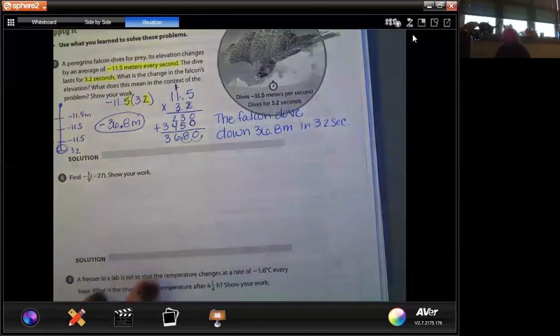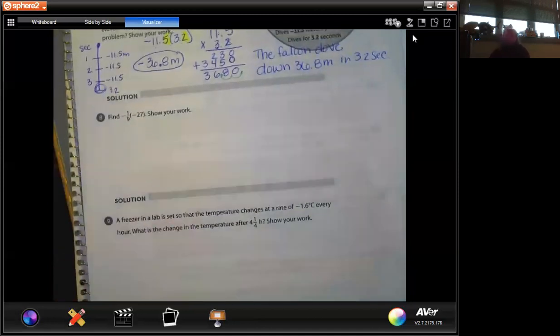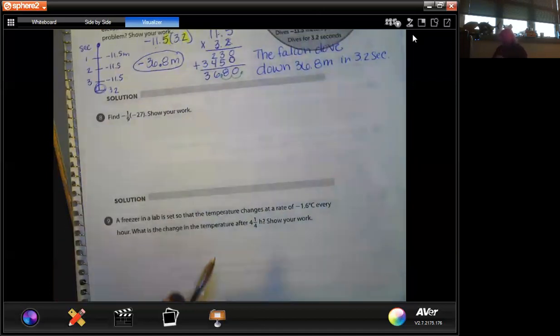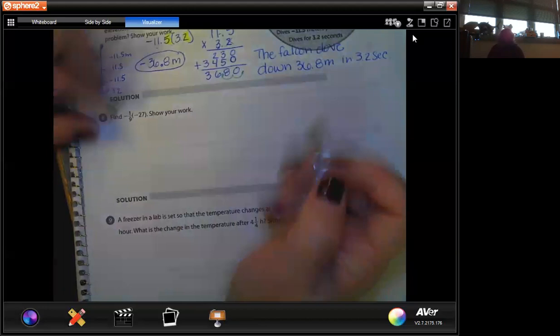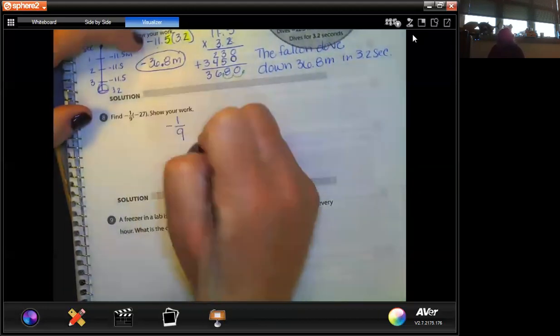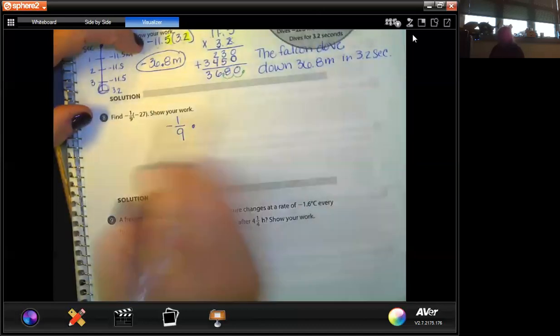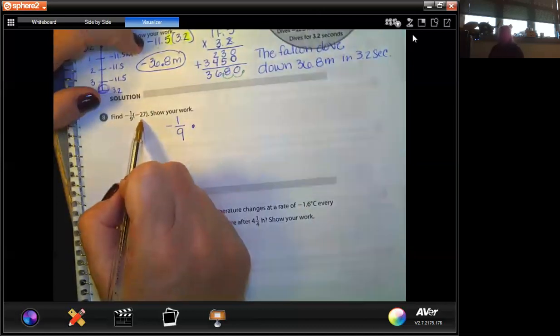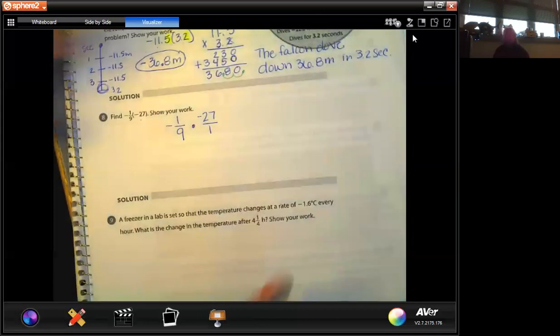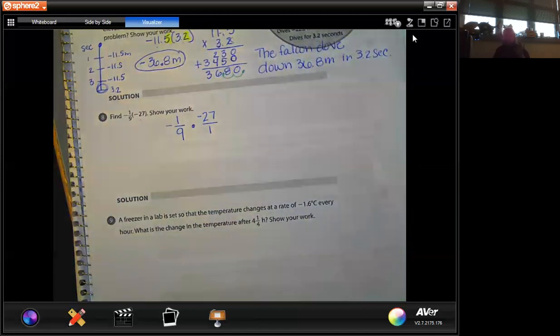All right, next, number 8. This is a blast from the past, right? Some fraction action happening. Remember, when multiplying fractions, you have to make them both actual fractions. So negative 27 is an integer, so we're going to make it an improper fraction. It looks like that. Again, ignore the signs for just a second. Go back and multiply fractions like you learned how to.